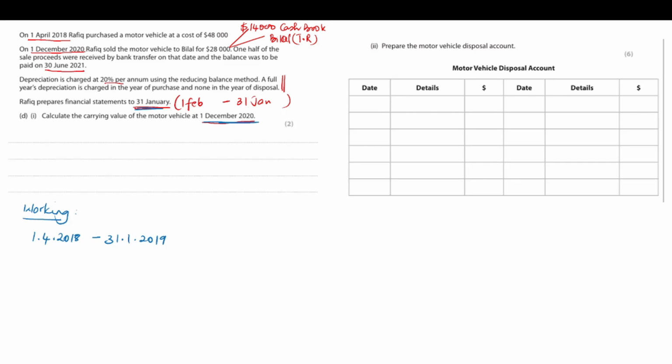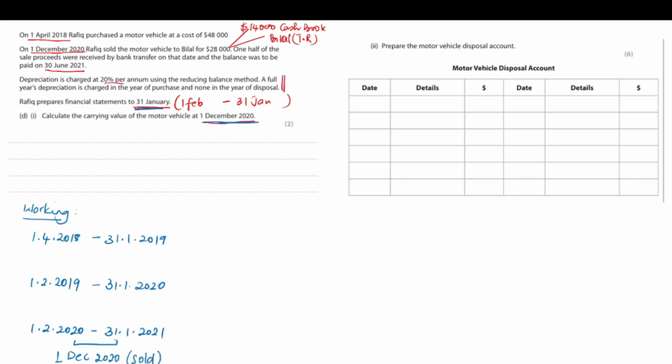So let's proceed. 1st of February 2019 to 31/1/2020. And it is sold in the third year. So the third year falls on 1st of February 2020 to 31st of January 2021. In this year, on 1st of December 2020, this is sold.